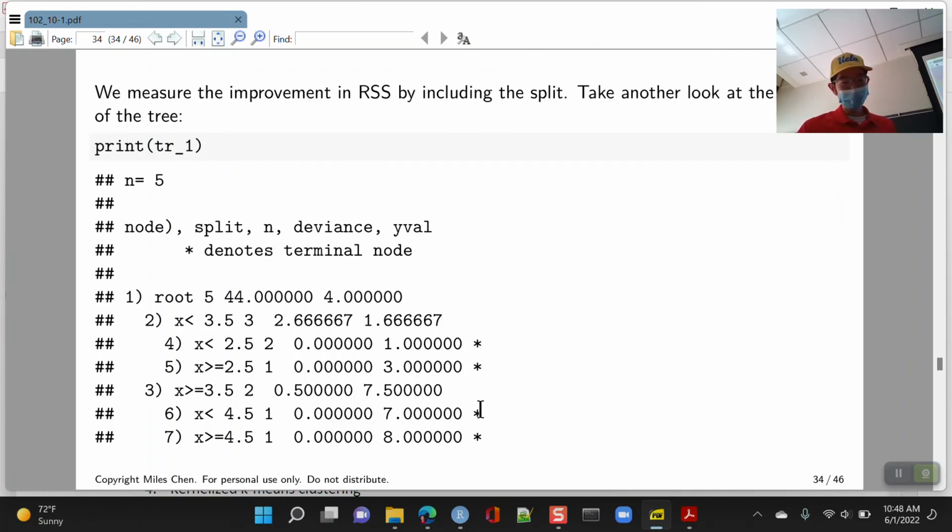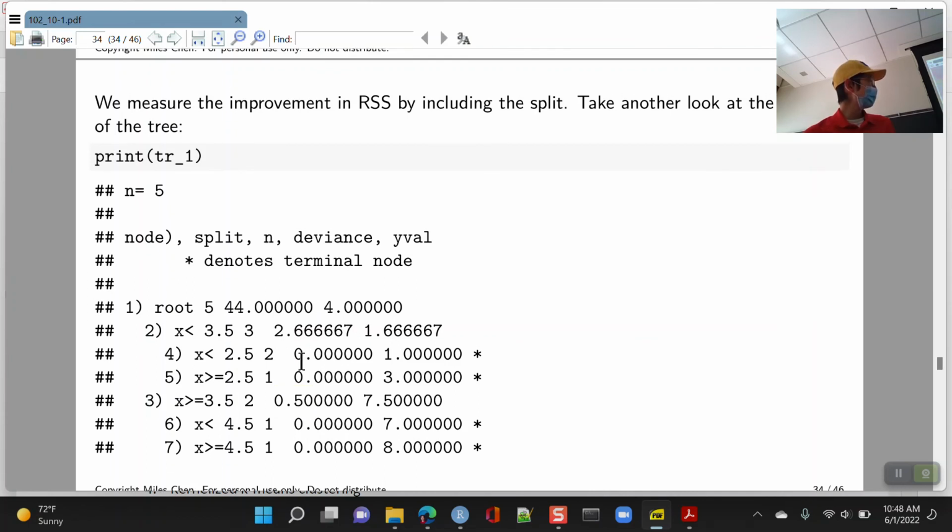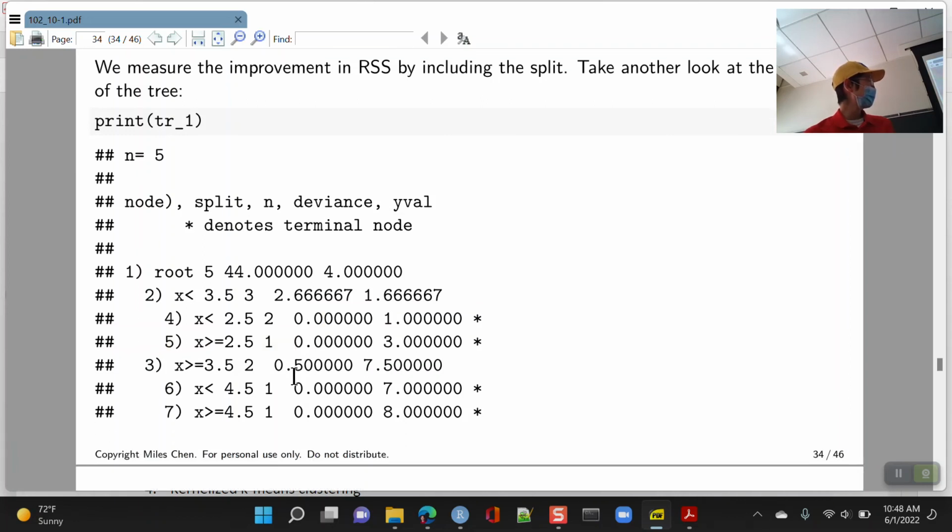Well, if we take a look at this, we're going to look at how much the deviance gets reduced. We start off at 44. The first split reduced it to a deviance of 3.167, 2.66 plus 0.5. If we do a split here, the deviance will be a total of 0 after the split.